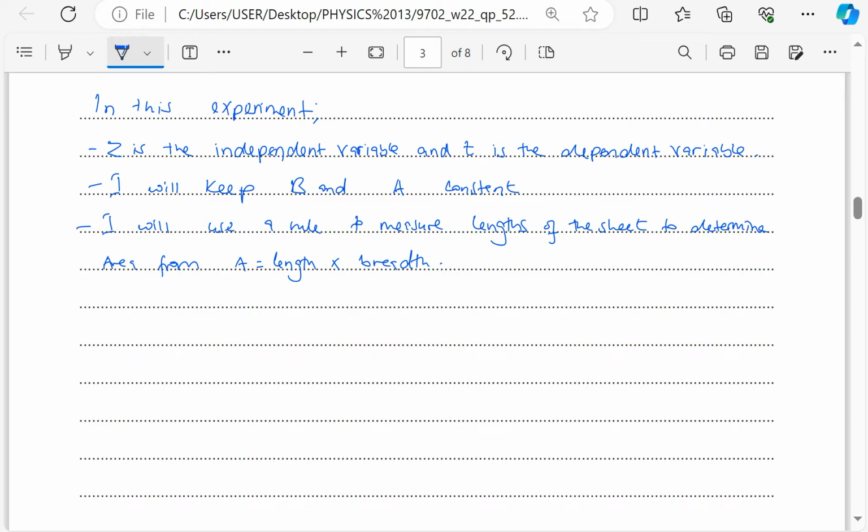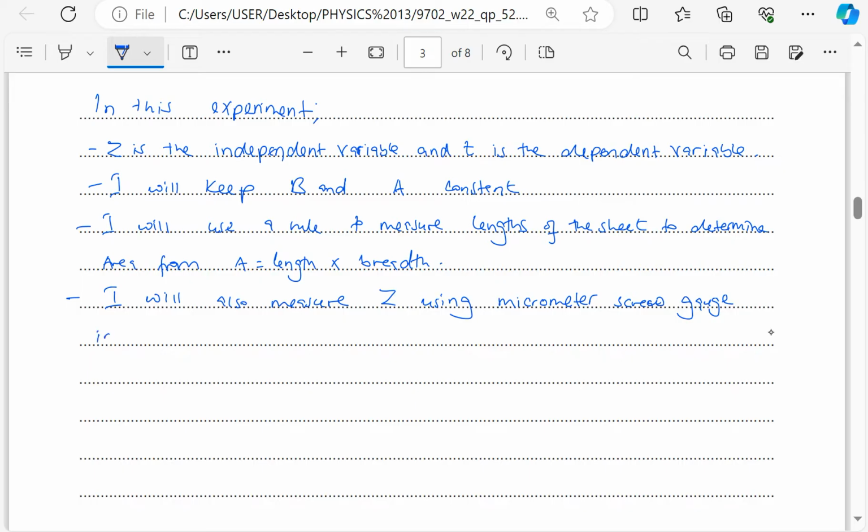Then number 2, I have to measure the thickness of the sheet. So I will also measure Z, which is the thickness, using a micrometer screw gauge.